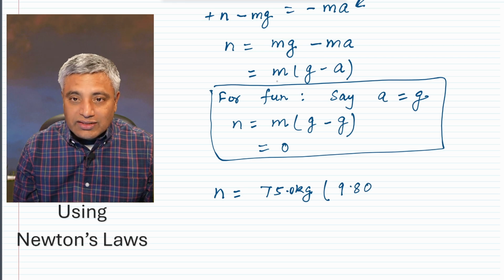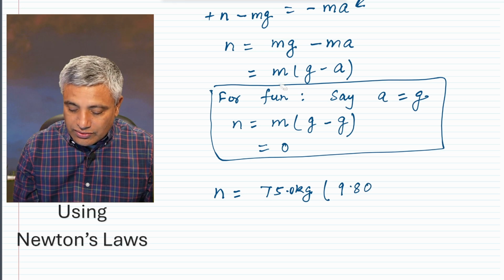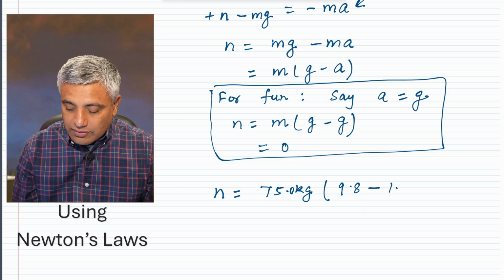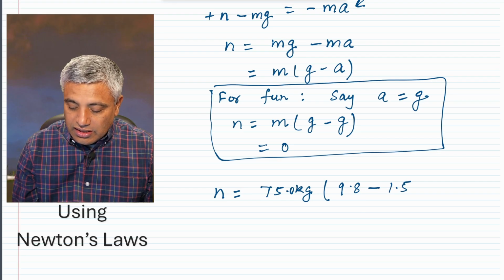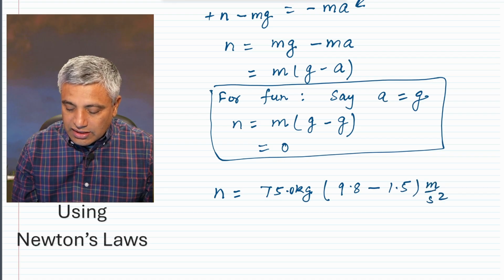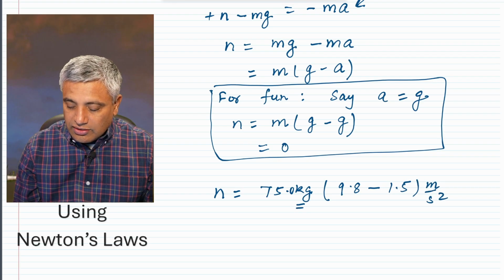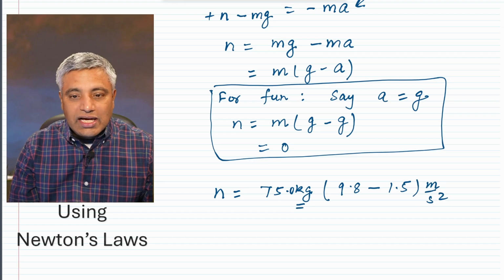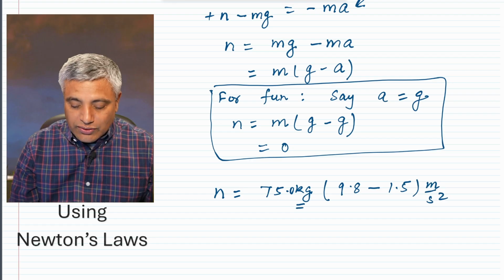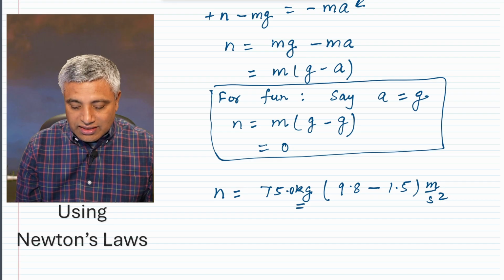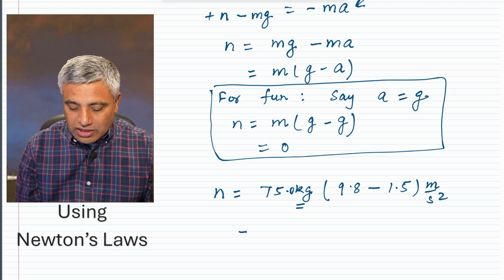Acceleration is given as 1.5, means it's 2 sig fig, so we could just write 9.8 and then negative 1.5, and both of these are in unit of meter per second squared. So you see there is kilogram meter over second squared, and that's what we call Newton, and that makes sense because normal is a force.